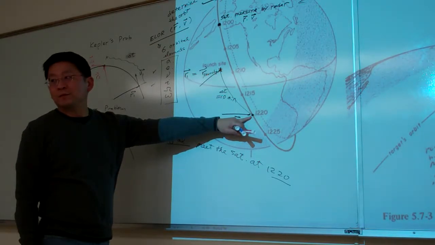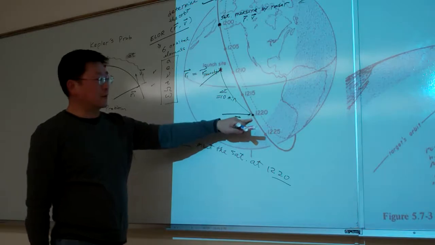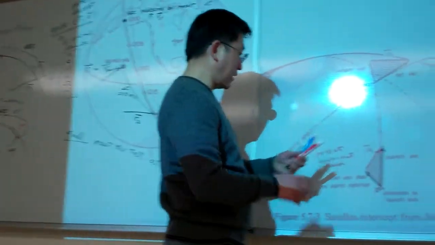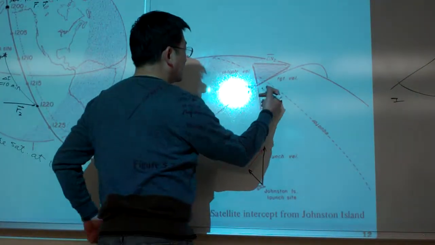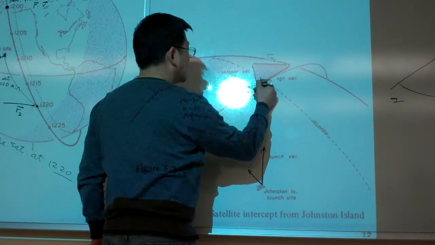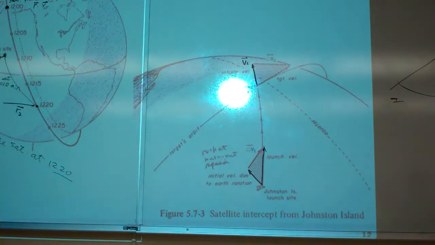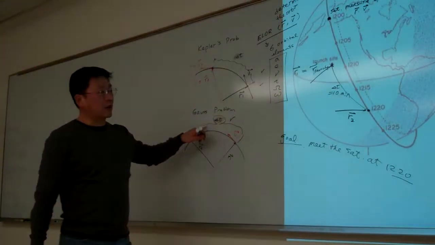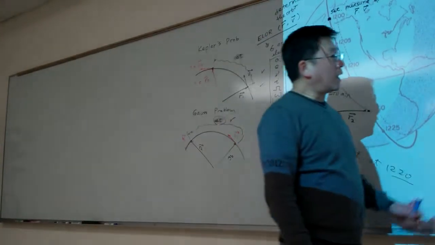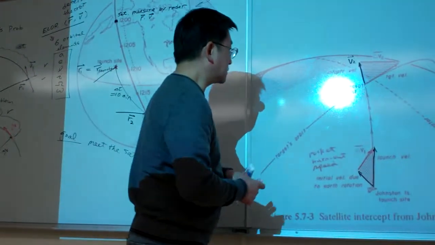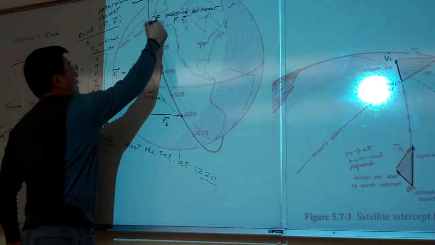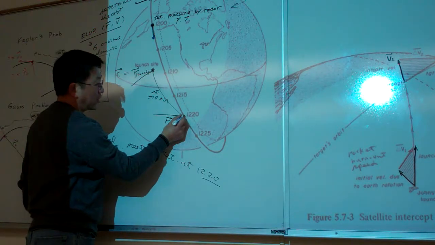So you know the procedures, right? Now down here, this is V2, which is calculated by solving the Gauss problem. And this is the satellite speed. The satellite at this moment is here, and at the second moment is here.